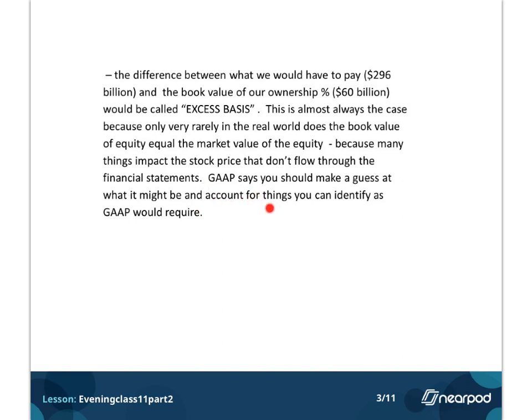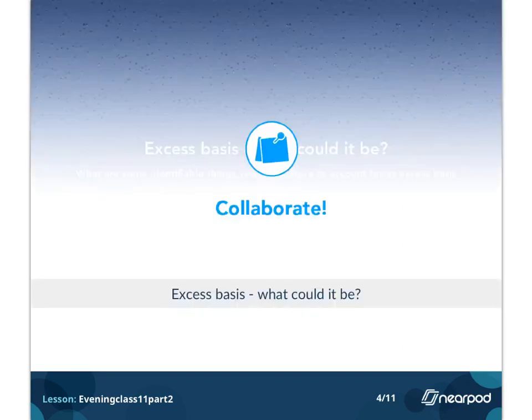And if it's something that you can identify, then you have to recognize it as GAAP would require. So, for instance, if you can figure out an asset that is very undervalued, you have to account for that additional asset value as if you bought a new asset, so you would depreciate that asset, and so on and so forth.